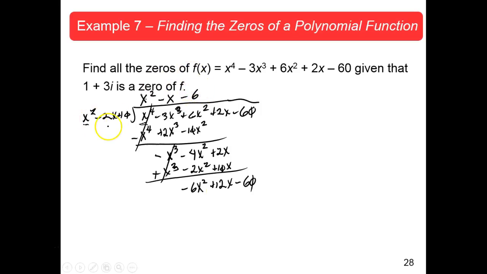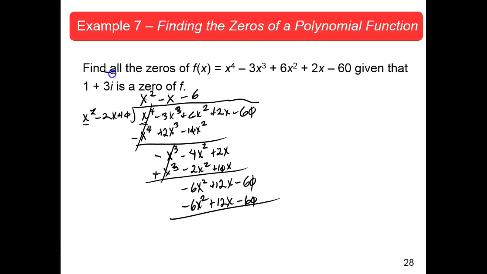Multiply. Negative 6 times x squared is minus 6x squared. Minus 6 times negative 2x is positive 12x. And minus 6 times plus 10 is negative 60. When you subtract that or change signs and add, that's everything going to 0, which you knew it was supposed to be.